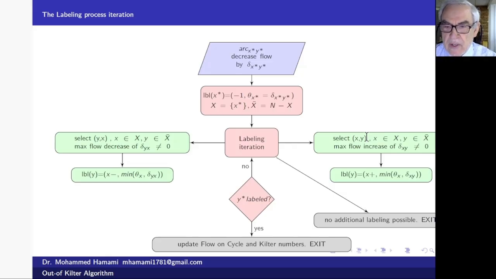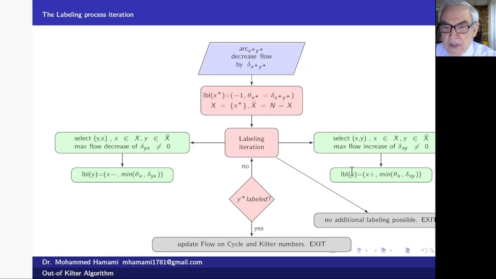Here we have to increase the flow. Remember, for a forward arc, we increase the flow. The table tells me that I could increase the flow by as much as delta xy, not 0. If it's 0, we just go to the next arc.